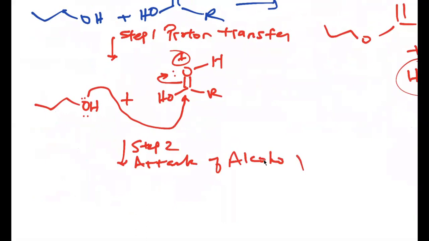Right, so your alcohol is acting as a nucleophile, and in all of these reactions alcohol is going to be a nucleophile, right? So it's going to attack some electrophile.